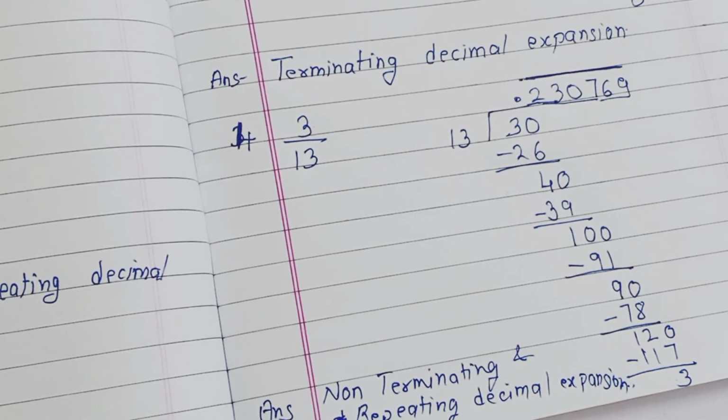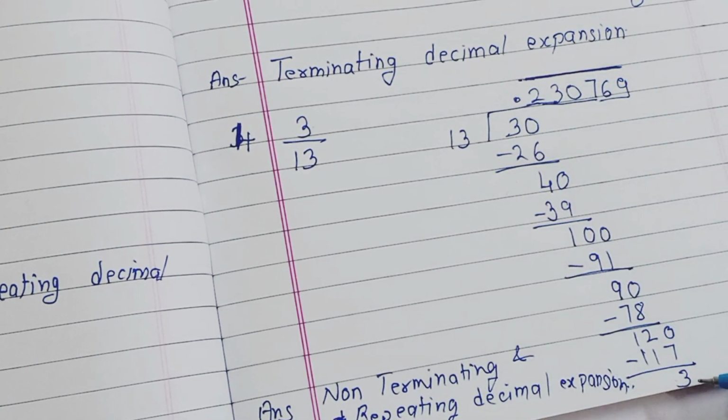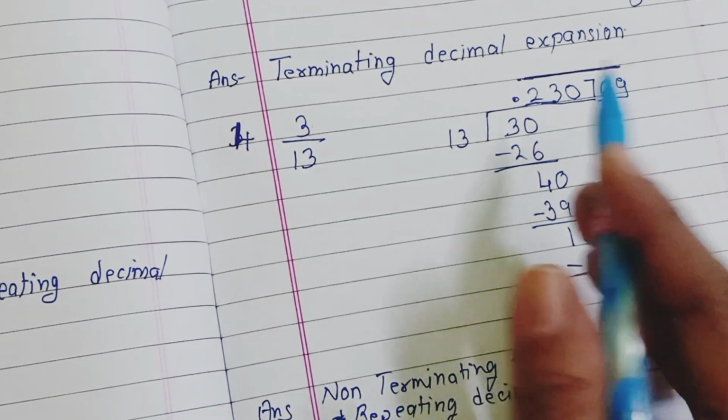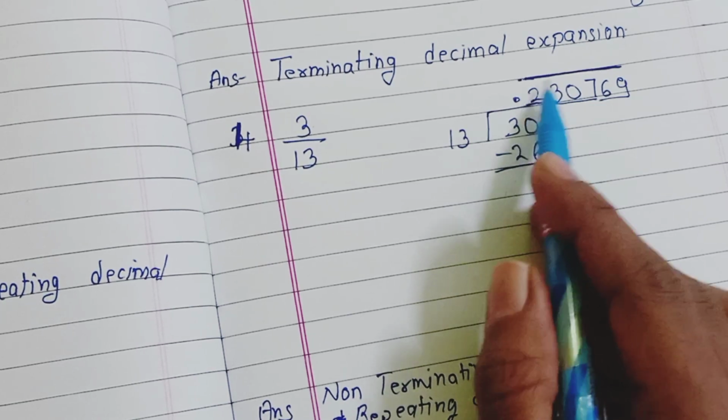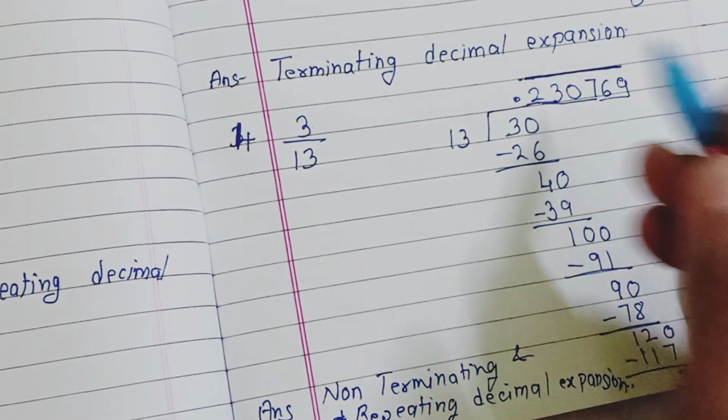So non-terminating and repeating decimal expansion. Why non-terminating? Because it is not ending. It will go further, and repeating means your quotient is going to repeat after certain numbers.